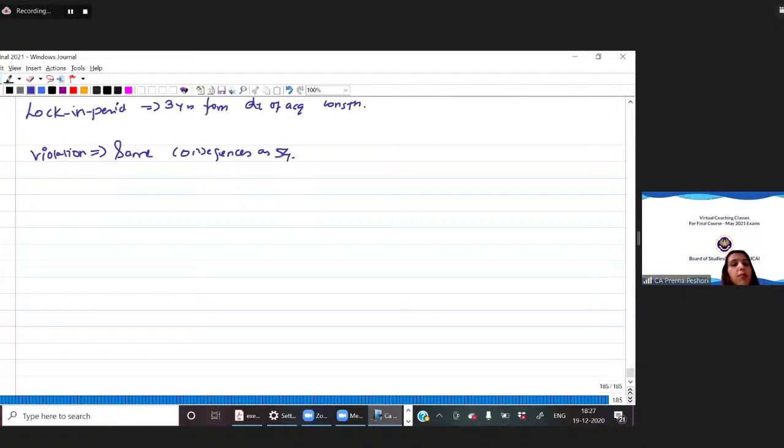The excess of fair market value on the date of conversion over the cost will be considered as capital gain, in the year in which the condition is violated. Right, Leela? So that's what we had discussed. Clear, Leela?